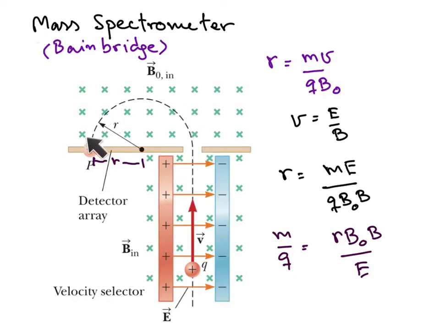And from the distance R here, we can measure the mass ratio, and then determine how many isotopes we have in that sample.